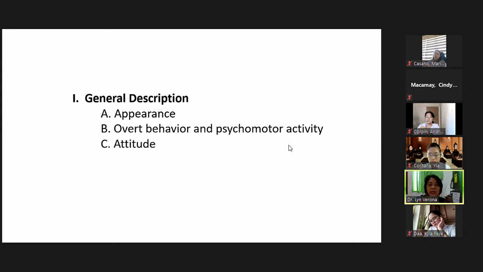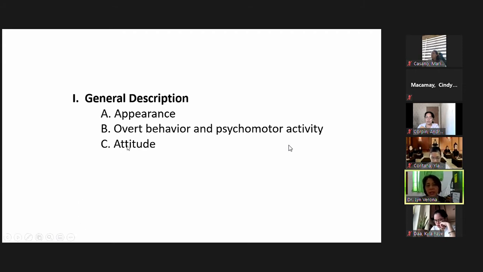Another is your overt behavior and psychomotor activity. Whether the patient is stooping, keeps on giggling, is having some sexual behavior, or is very well behaved. You have to write it down there. Then the attitude.